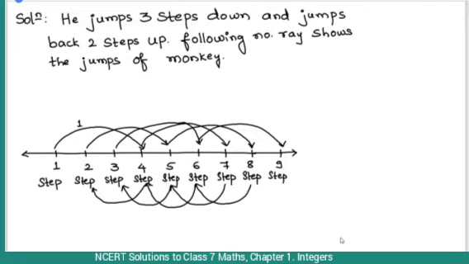Likewise these jumps continue. So this is the first jump, this is the third jump, this is the fifth jump, this is the seventh jump, this is the ninth jump, this is the 11th jump.